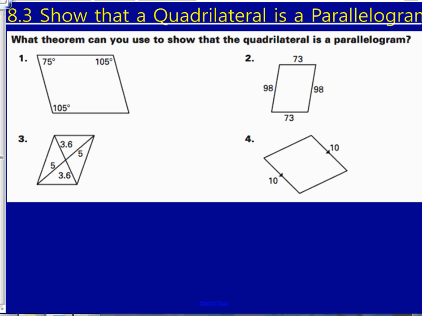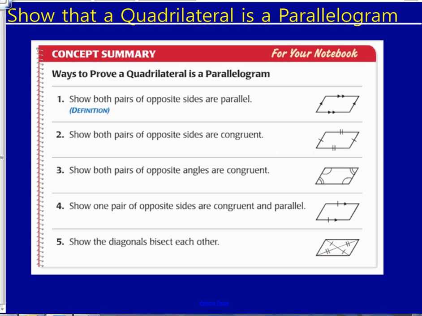All right, so from there, I have a couple examples for you. It says, what theorem can you use to show that the quadrilateral is a parallelogram? So we have this first one that has angles 75, 105, 105. So looking back at our theorems, which ones can we prove?